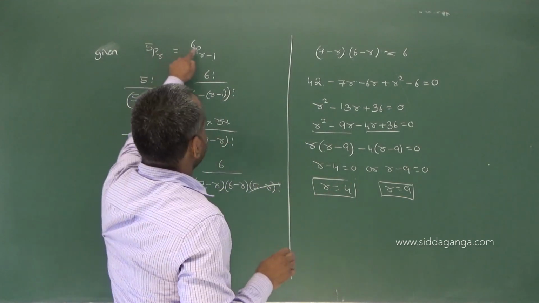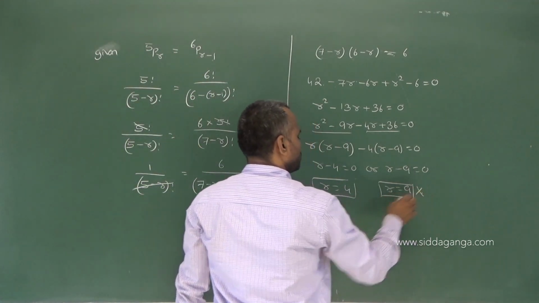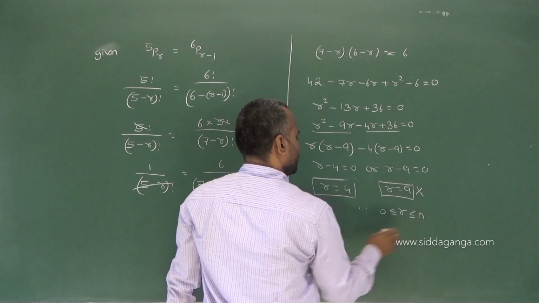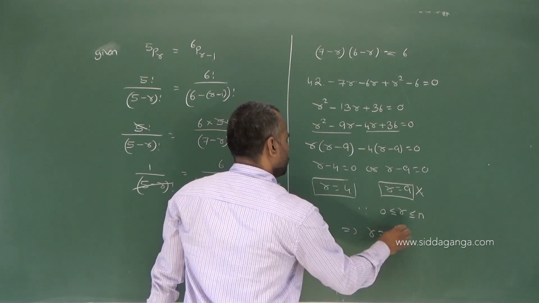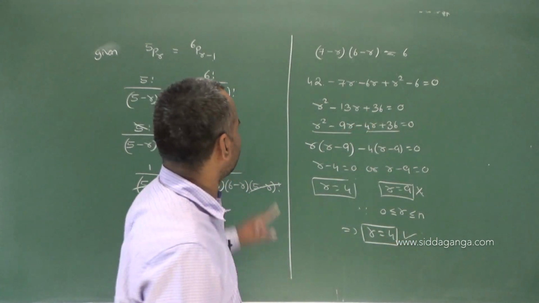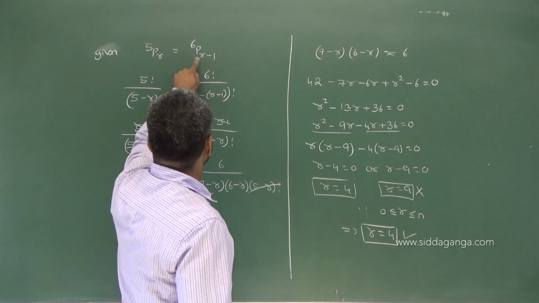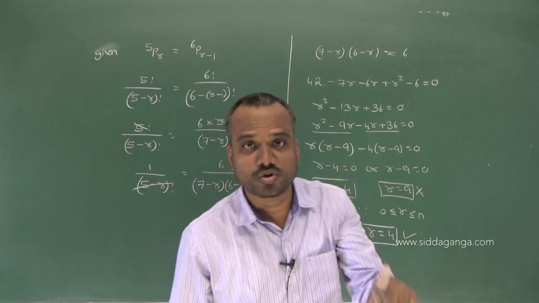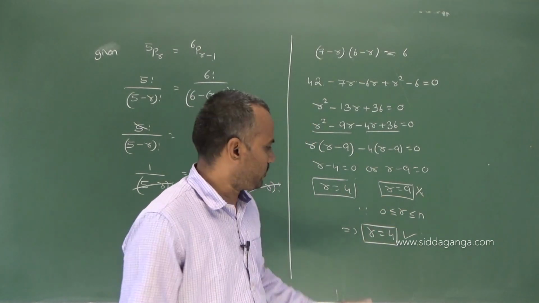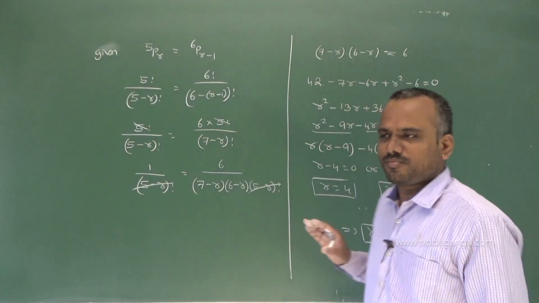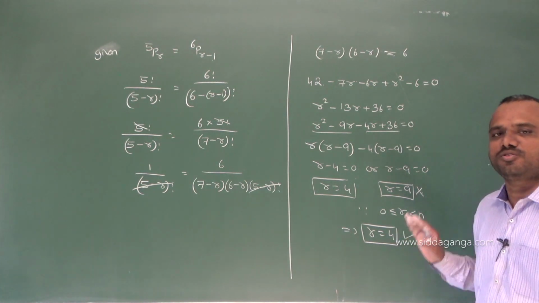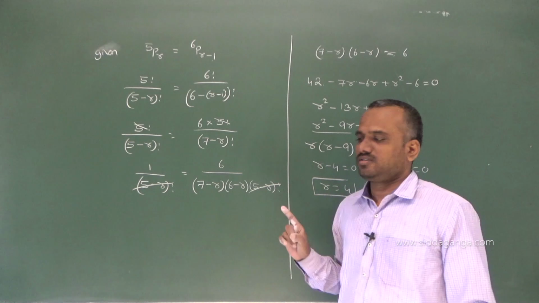Here n is 5 and 6, so this value is not valid, since r is greater than or equal to 0, less than or equal to n, that implies r is equal to 4. That's why I solve by quadratic equation: r is not equal to 9, r is equal to 4. Observe this problem. These types of problems are very important to find n and to find r. Next problem.